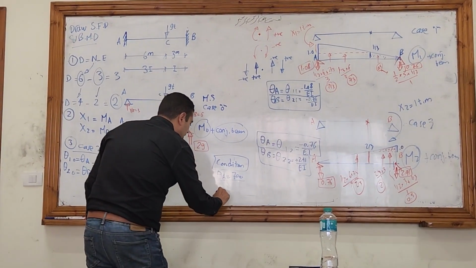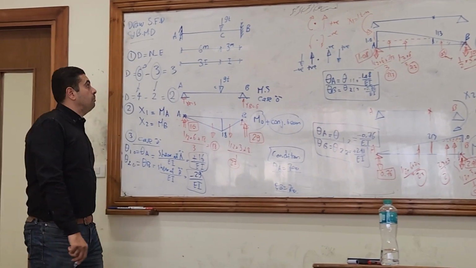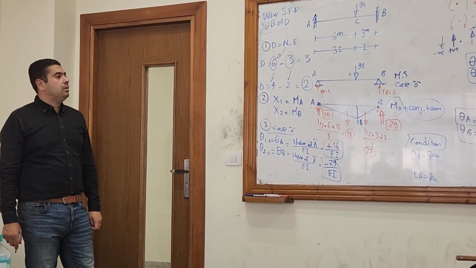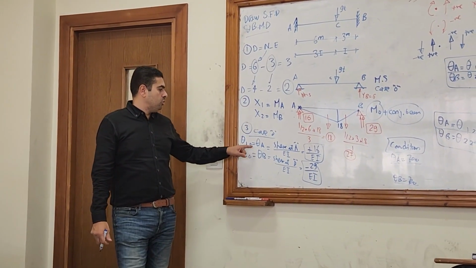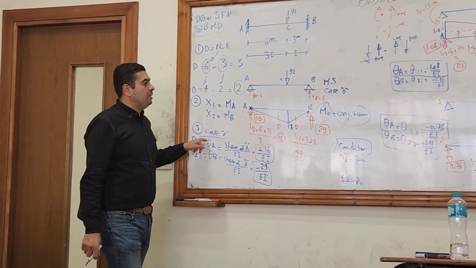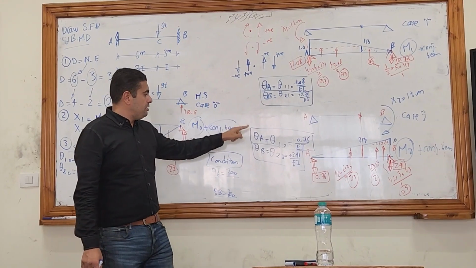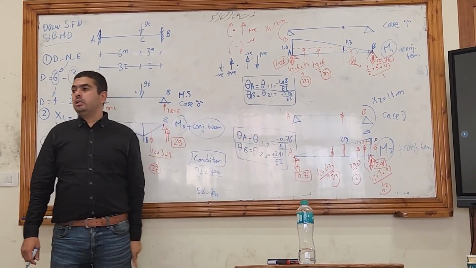The second one, theta at B equals 0. Right? Okay, what's the theta at A? I have a lot of theta at A. Theta at A from case node, which is called theta 1 node. Theta at A from case 1, which is called theta 1, 1. And the last theta at A from case 2, which is called theta 1, 2.